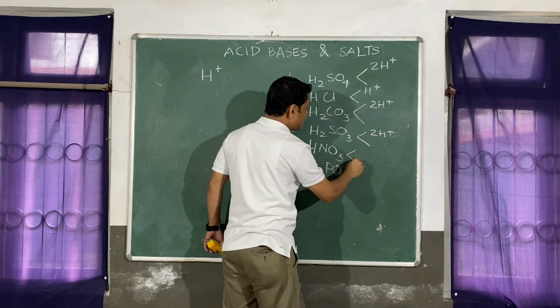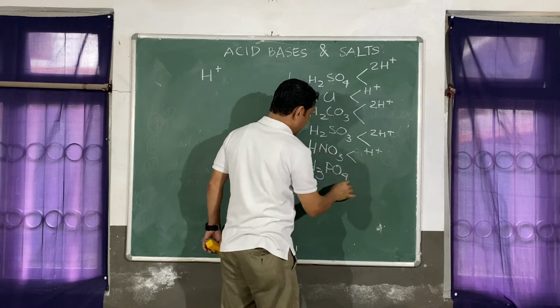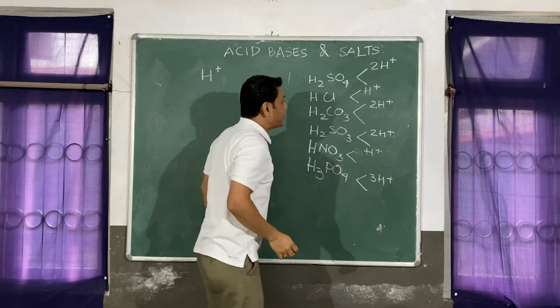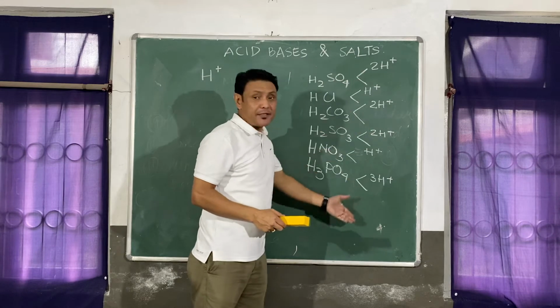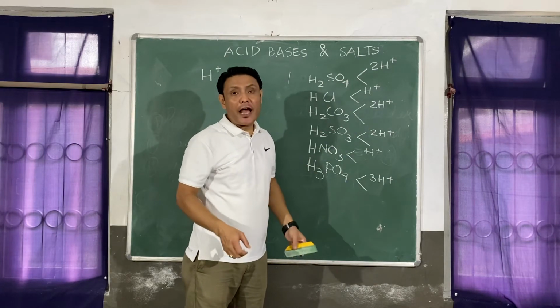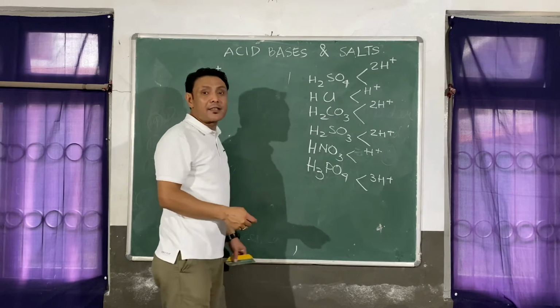Nitric acid produces 1 hydrogen ion, and phosphoric acid produces 3 hydrogen ions respectively. So all these acids will produce hydrogen ions when dissolved in water. Hence, they are known as acids.